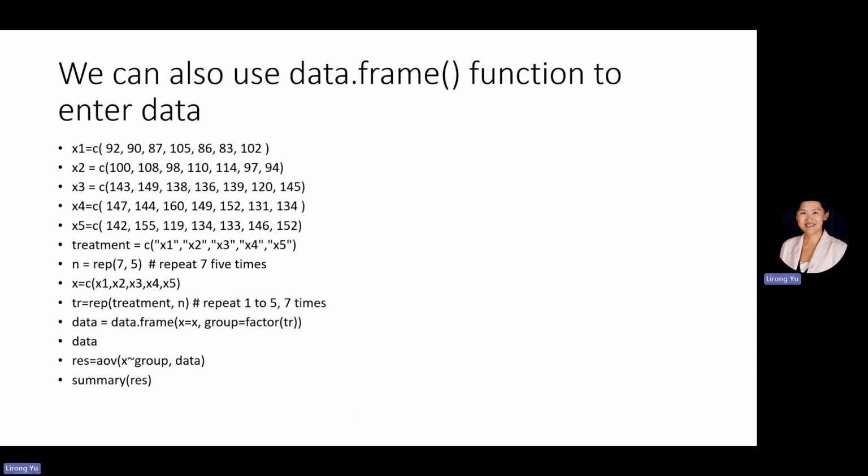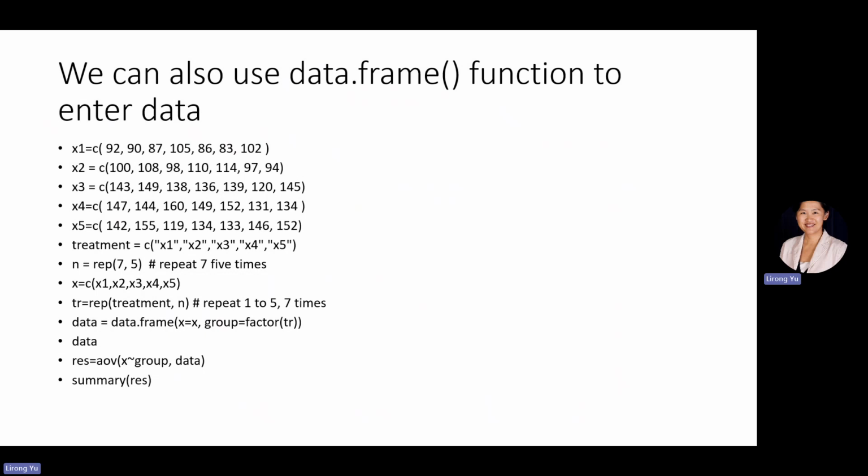X is really connecting x1, x2, x3. That's the x in here. Now the second column I'm calling group. So group becomes the vector name for that column, and the column values are all those x. It's going to be x1 repeated 7 times, and then x2 repeated 7 times. That's how it is. So that one, I give you the data.